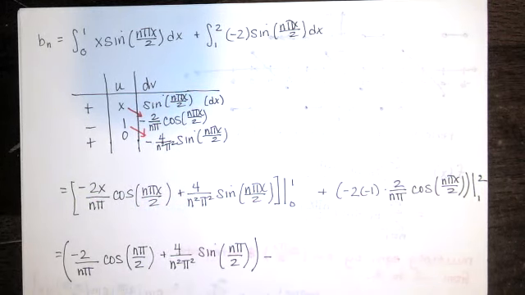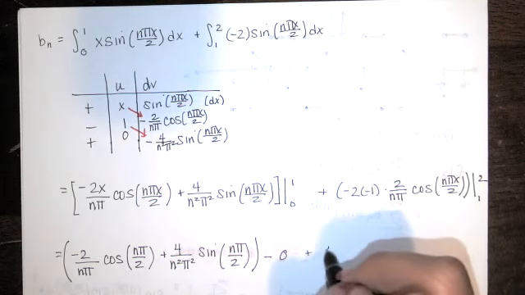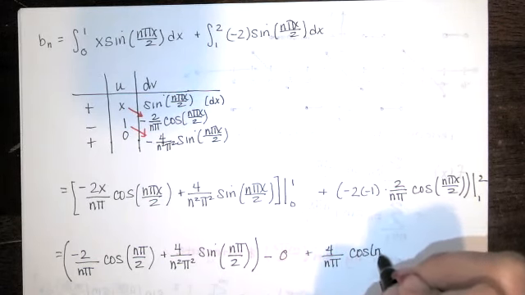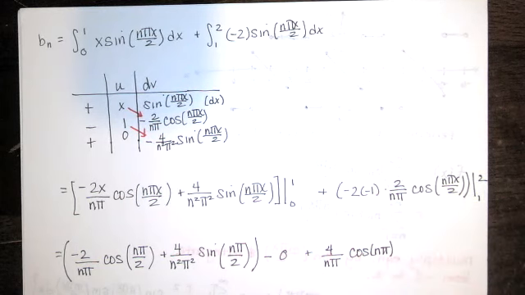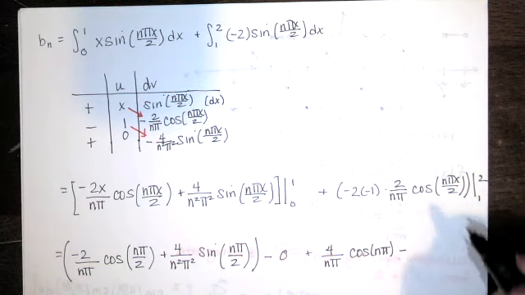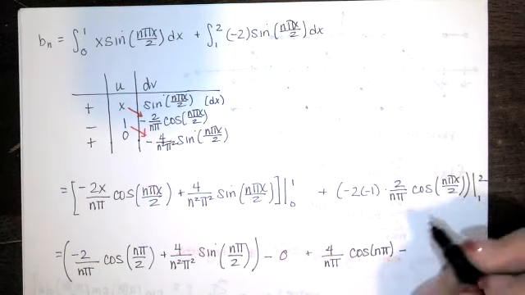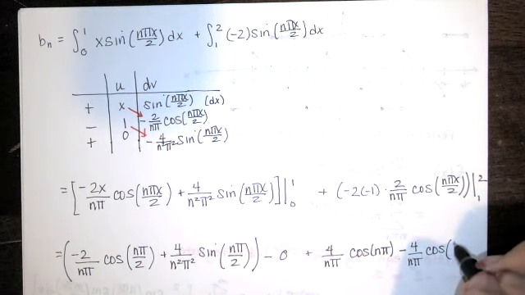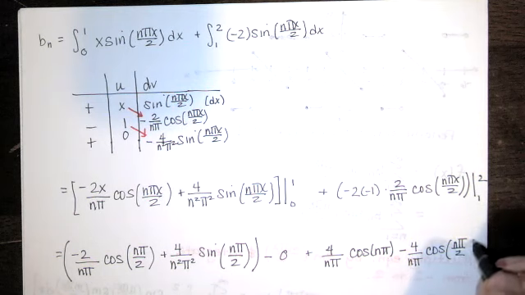We get 0 times something, which is clearly 0, and then sine of 0 is 0. So we'll get 0 for that. Over here, we'll have 4 over n pi times cosine of n pi when x equals 2. And then we'll subtract what we get when we plug in x equals 1. So I'll have minus 4 over n pi cosine of n pi over 2.